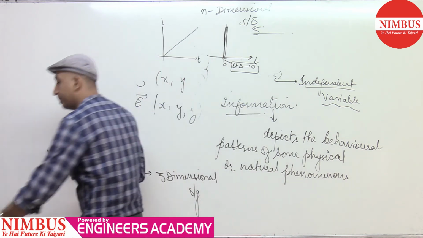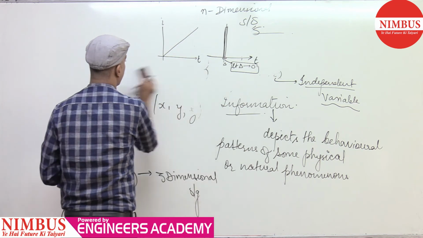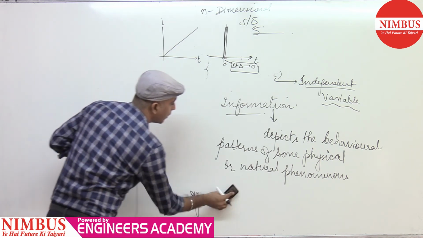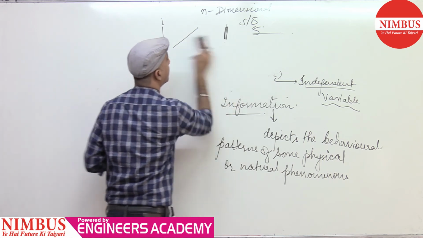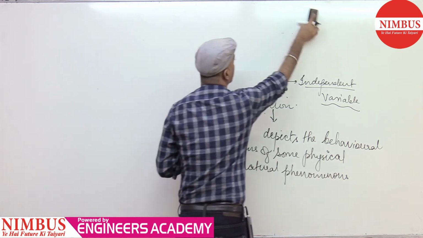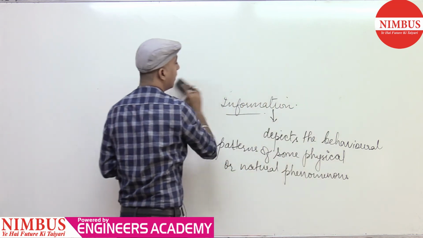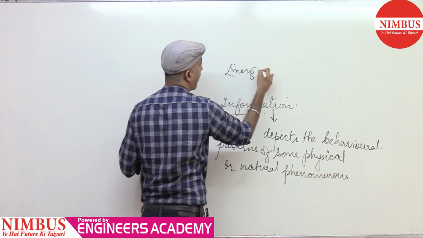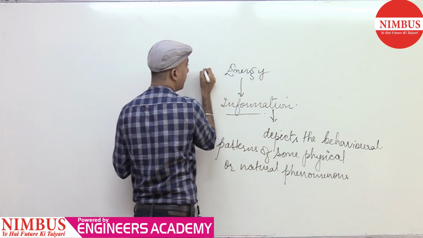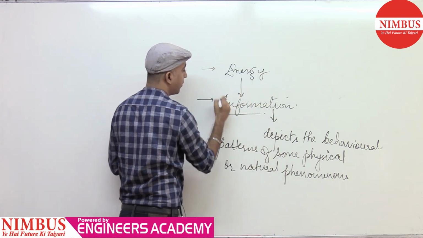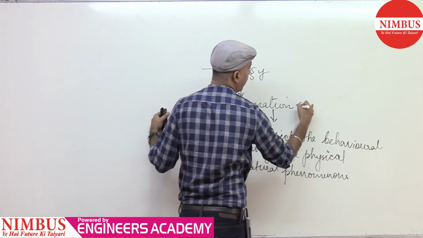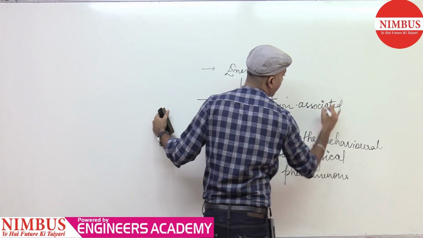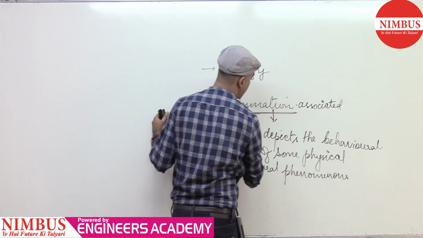I should write them. What are the key words you should remember while defining any signal? So a signal is a packet of energy. It must have some associated information. This is very important.